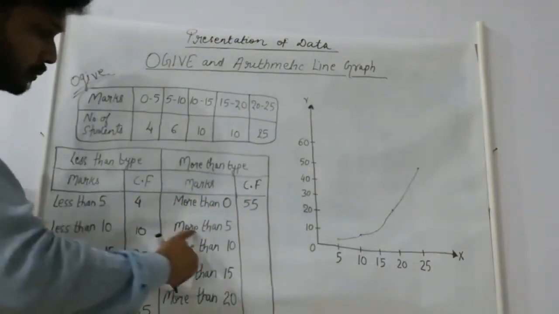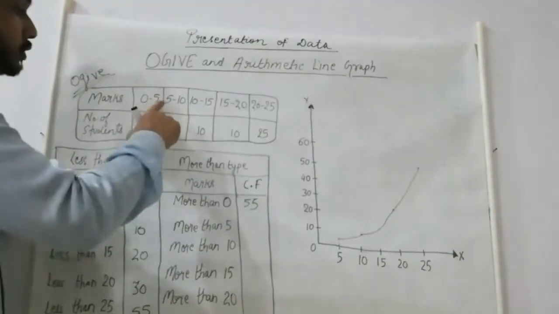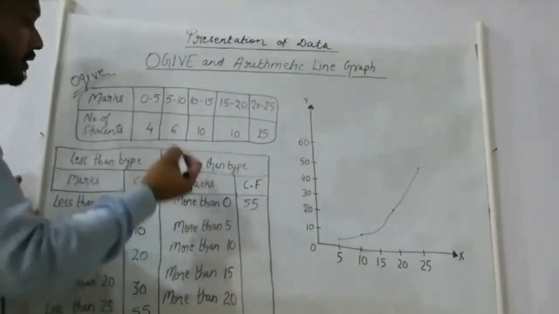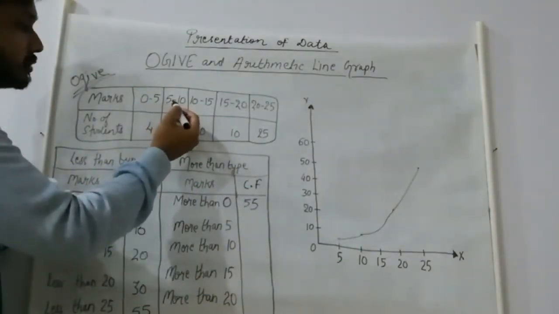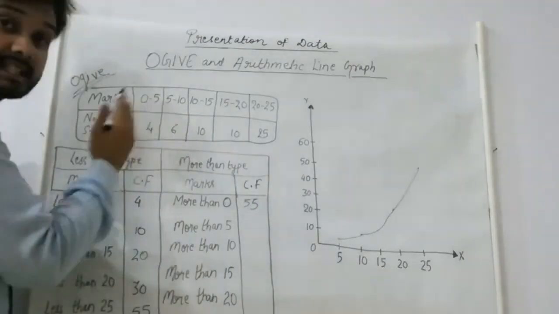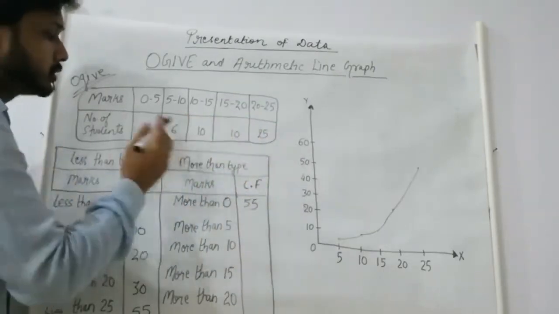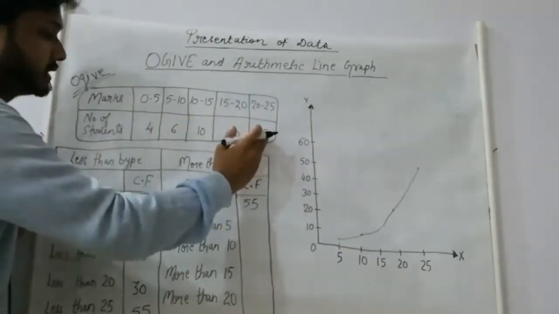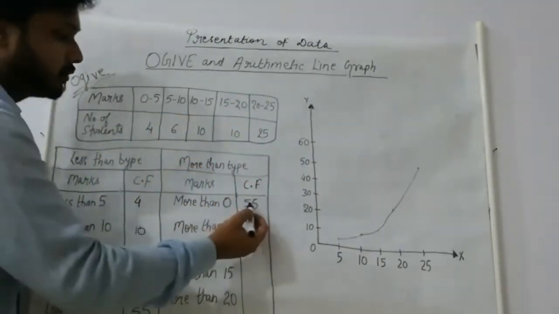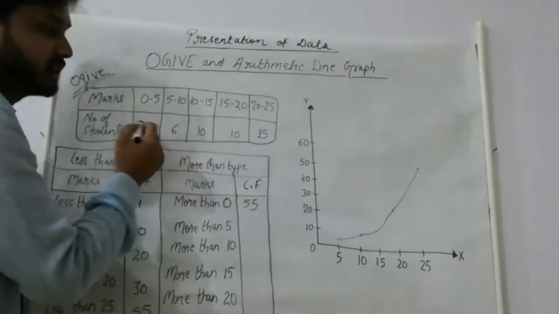Then we have more than 5. So more than 5, here in more than 5 students, what we see? 4 is less than 5. So more than 5 will be 6 and all this. So leaving 4, add all of this. Or what we can do? From 55 we can subtract 4.